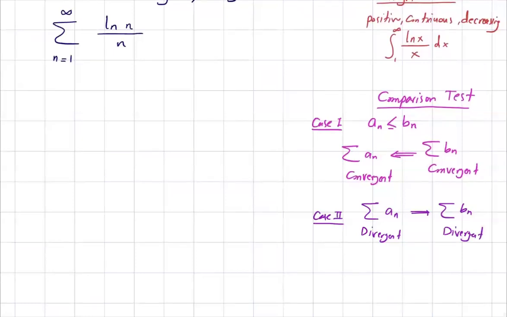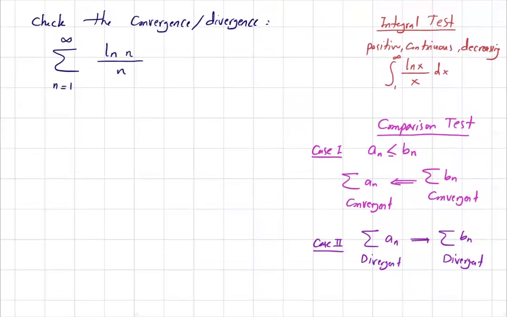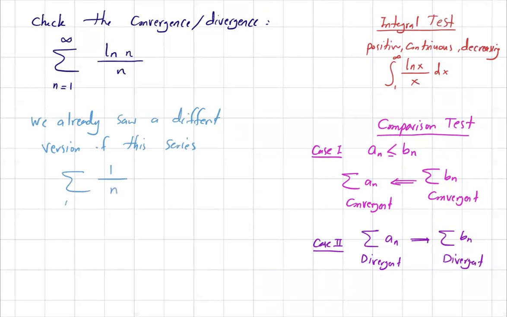So let us take a look at this series. I see ln of n divided by n. Why is it familiar to me? Because we already know the behavior of the harmonic series. We already saw a different version of this series in the form of the summation of 1 over n, n starts from 1 to infinity, and as you remember, this guy is called the harmonic series.